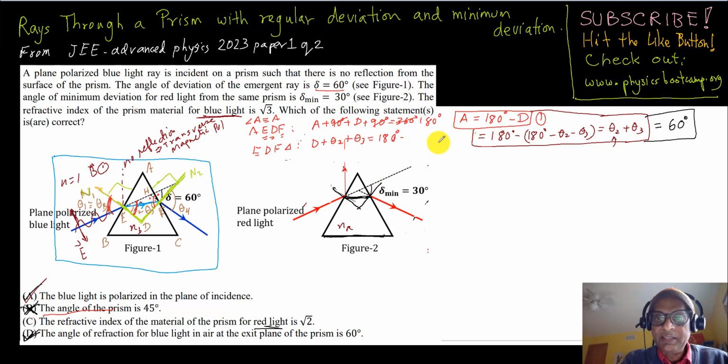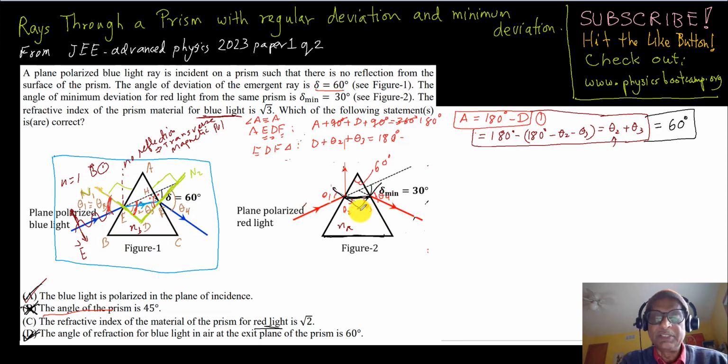So A is the same. So the A is known to be 60 degrees, and this is theta 2, and this is theta 1, and this is theta 3, and this is theta 4. But these are different numbers than previously.